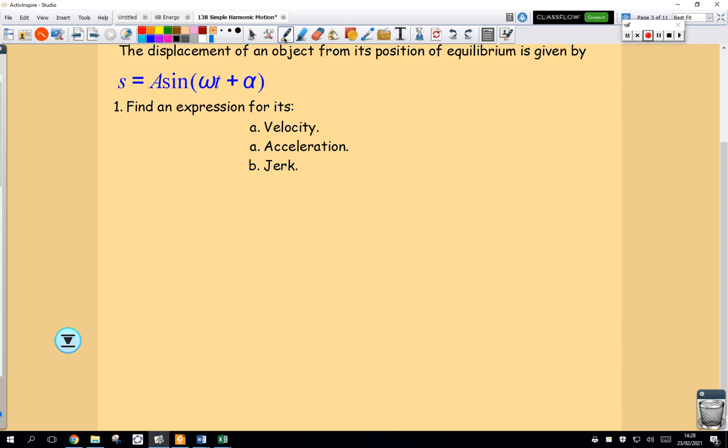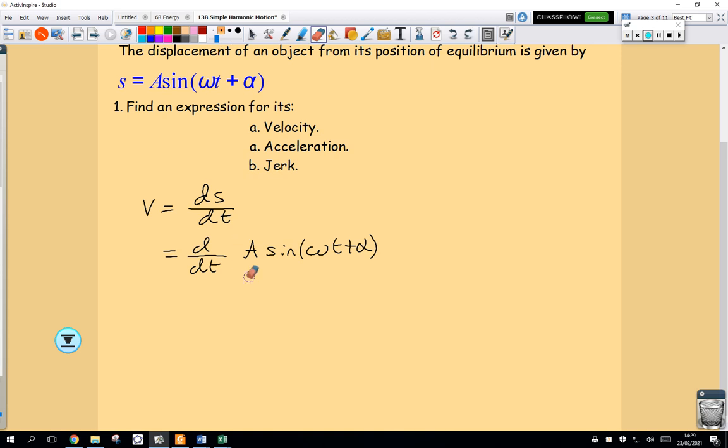So the first thing I'm going to find is an expression for velocity, and I have to know that velocity is defined as being the first derivative of displacement with respect to time. So I'm going to take the derivative of this function. I'm taking the derivative with respect to t of a sine of omega t plus alpha.